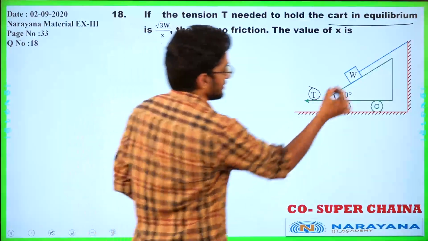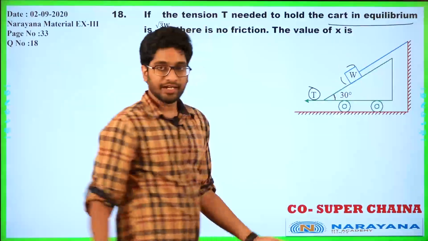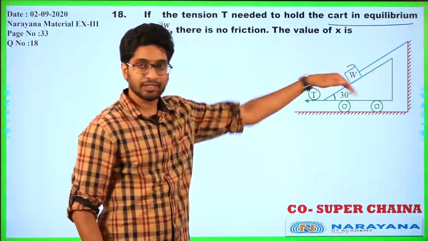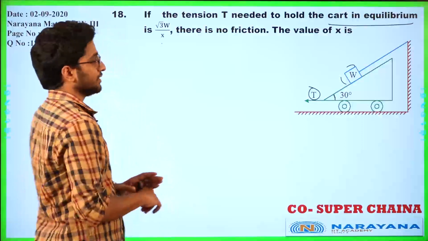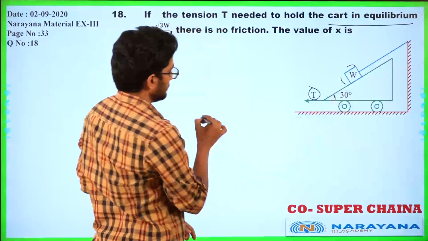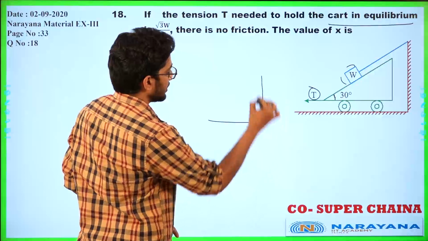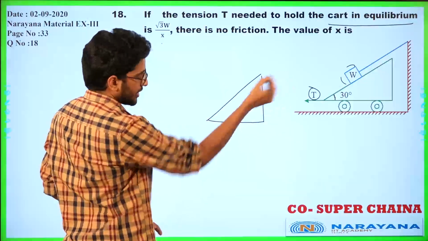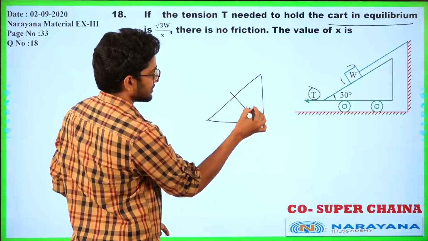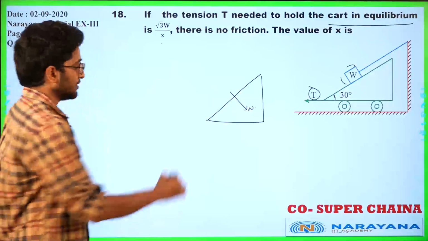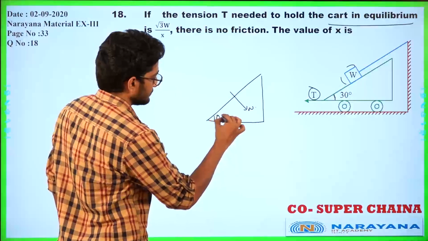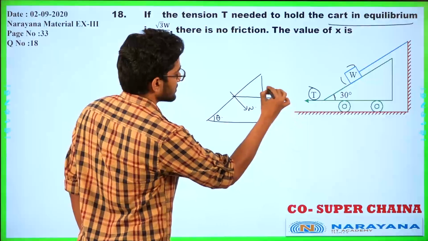If everything is in equilibrium, this W is not moving in any direction, right? Along the plane or perpendicular to the plane, it is not moving. And why is this cart trying to move? On the cart, because of the contact with the block, there is a normal force in this direction. So if this angle is theta, this component would become N sin theta.